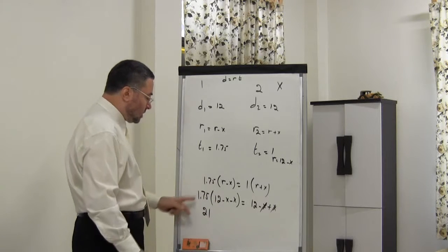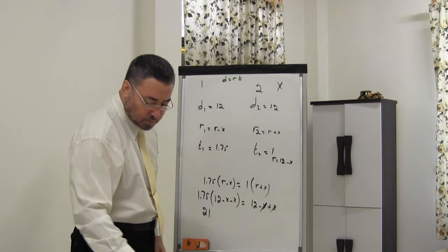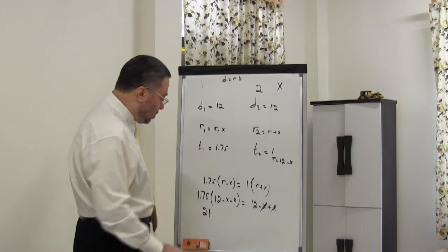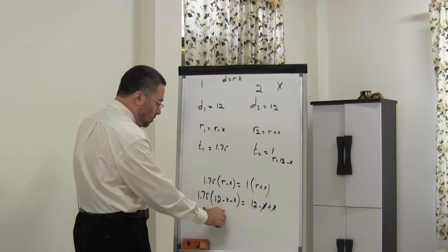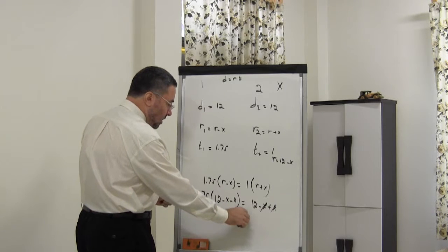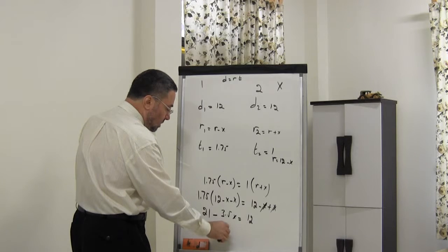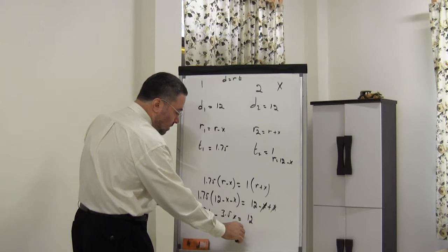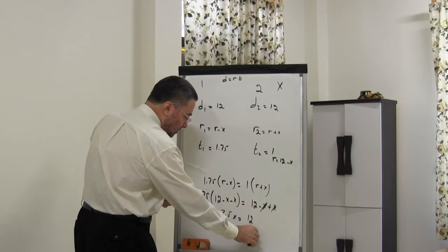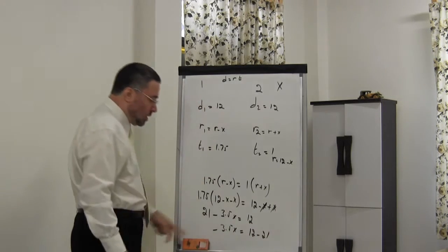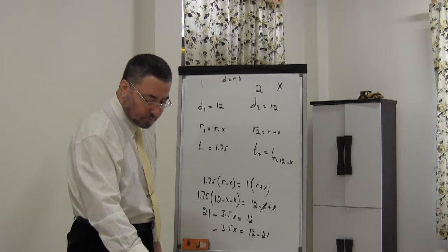Here minus 2x times this. So 2 times 1.75, 3.5 minus 3.5x equals 12. We take this to the other side. So minus 3.5x equals 12 minus 21. And now we do the math.